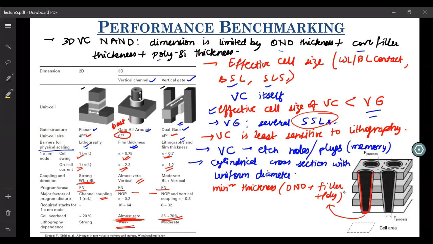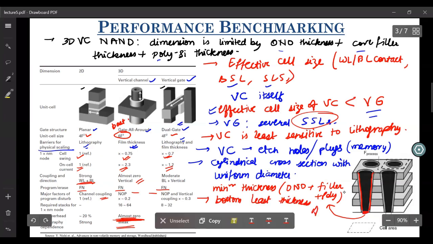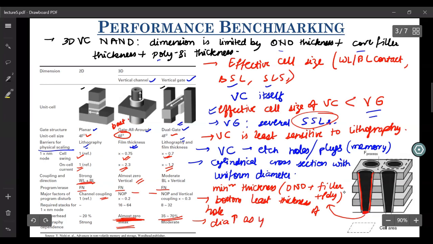So at the bottom you have the least thickness of the hole, and the diameter increases as you increase the number of layers, or as you increase the height from where you have to etch the holes.